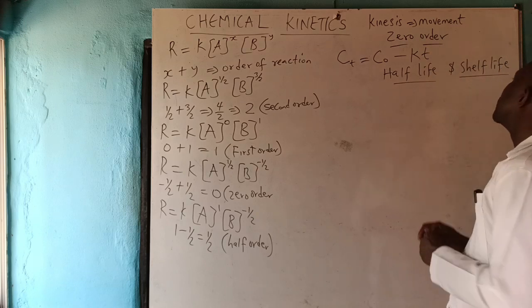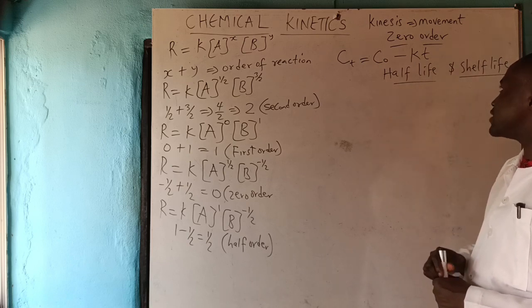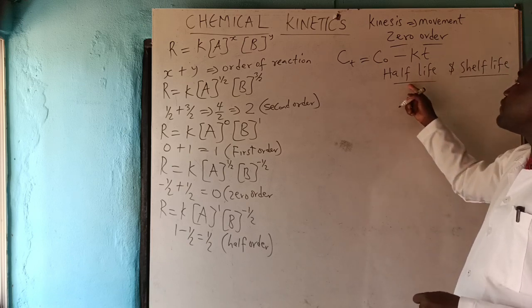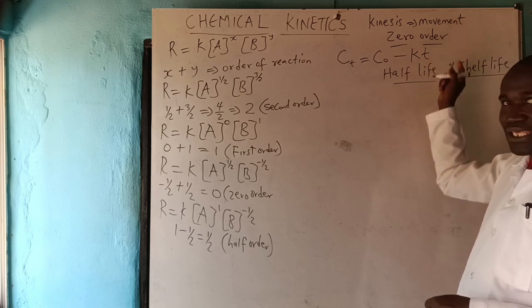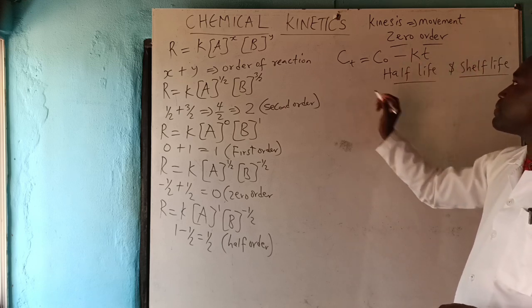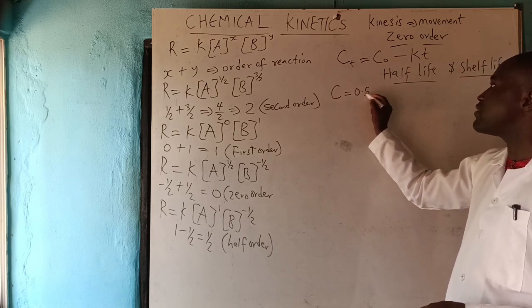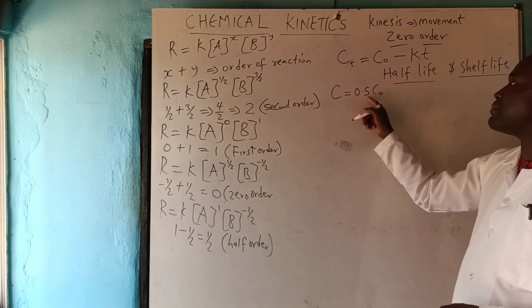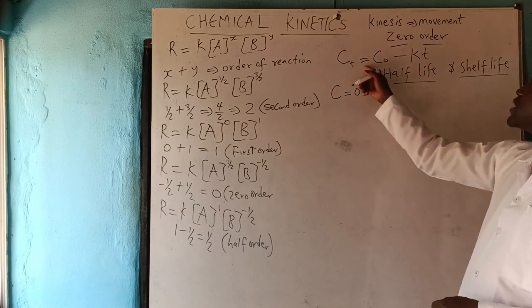Okay? Now we are taking the physical half-life first. So the time it takes 50% to get eliminated or to get decayed is what we check. That means our C will be equal to 0.5 C0. 50% means 50 over 100, that is 0.5. You put it here.